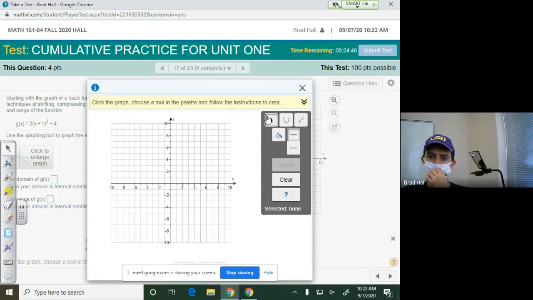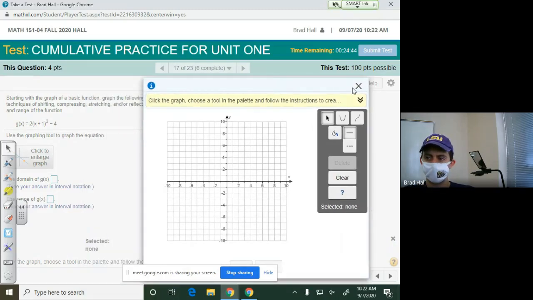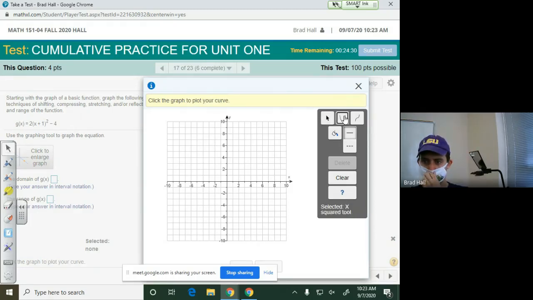So if we preface this, we would need to determine that, well, we need to know what the shape of this is. And since there is a square as the highest power, that means we would pick the x squared tool, the cup shape.